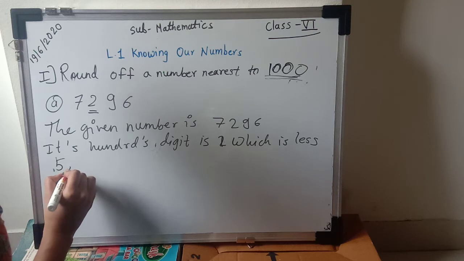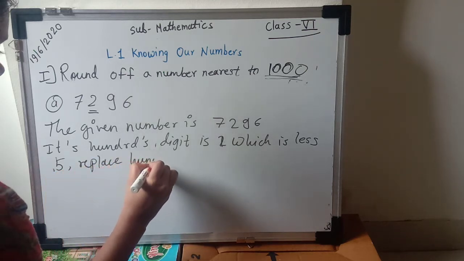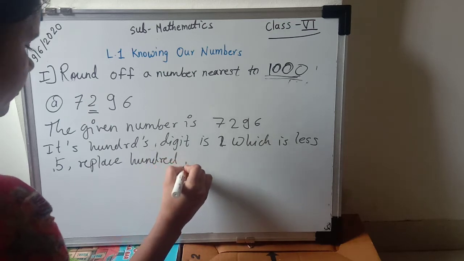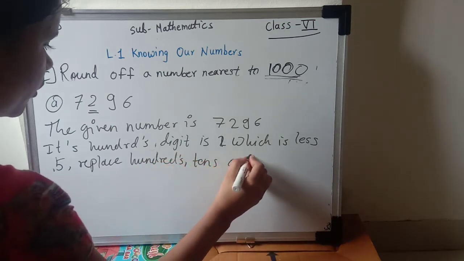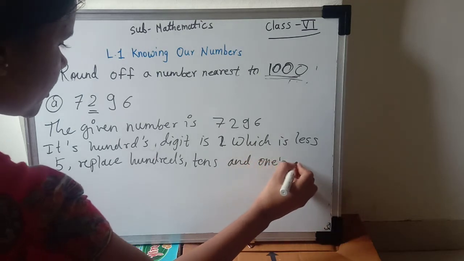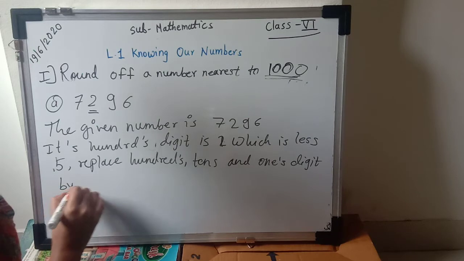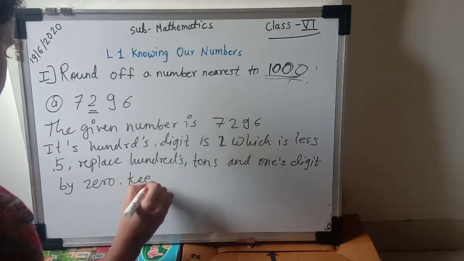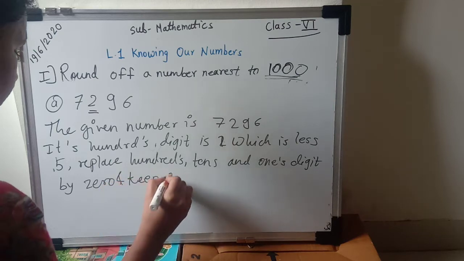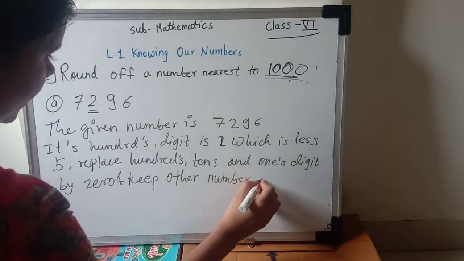So what we have to do is replace the hundreds, tens and ones digit by 0, and keep the other number as it is.